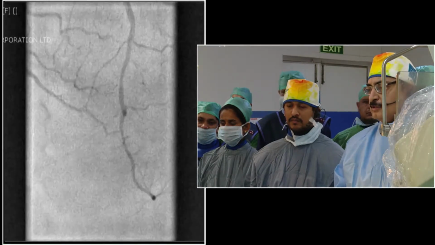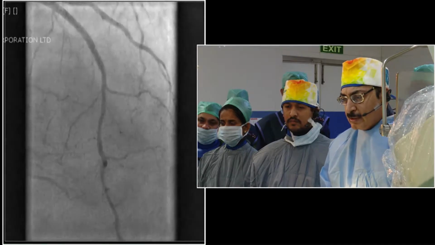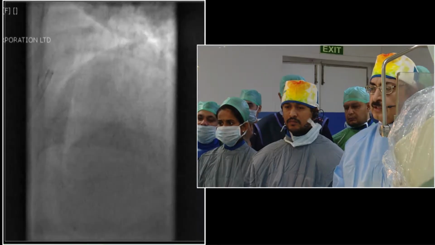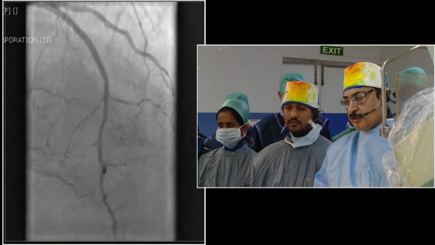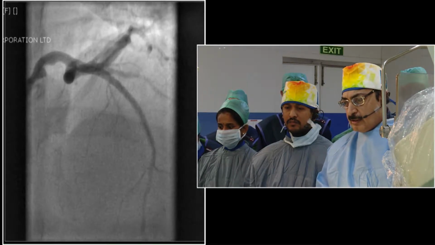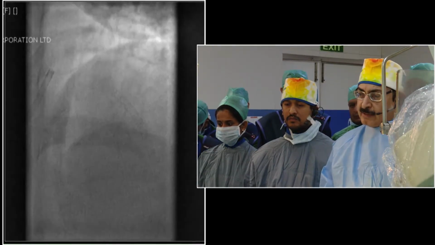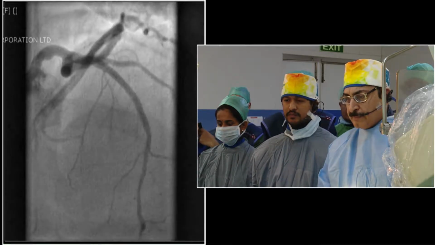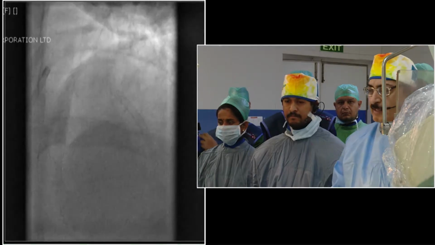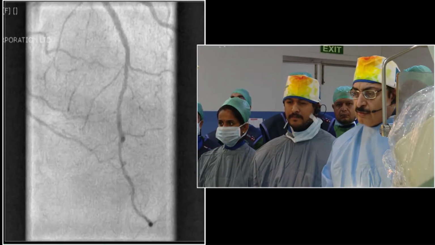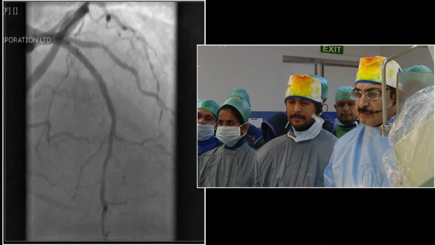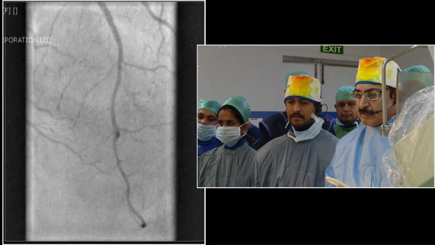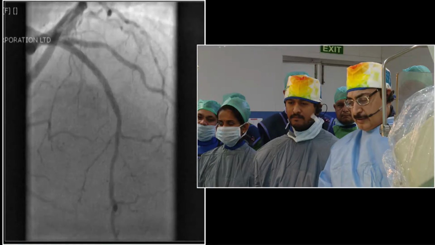It has a biodegradable polymer, which elutes drug and degrades within 48 days. It requires shorter DAPT intuitively, but that has not been proved. Because of the thinner struts, the risk of restenosis is much lower, and the inflammation is much lower. It is excellent for tortuous anatomies because of the way it is made, with a valley-to-valley connection, and the stent can take a very tortuous anatomy. That is the reason we thought we would use this in this case.